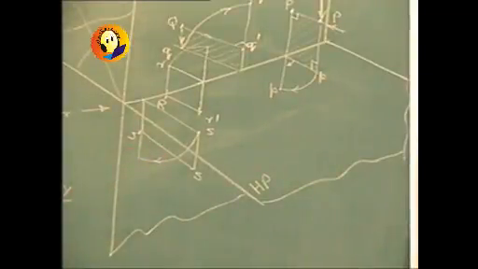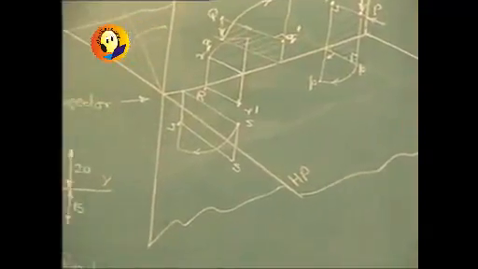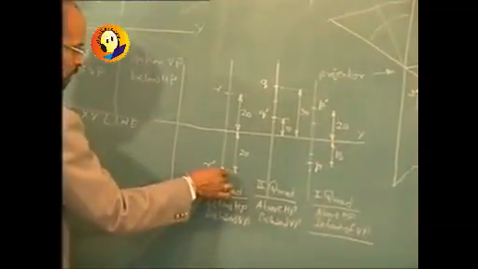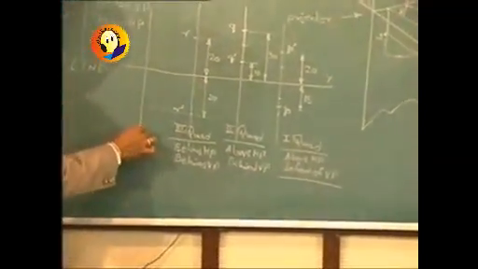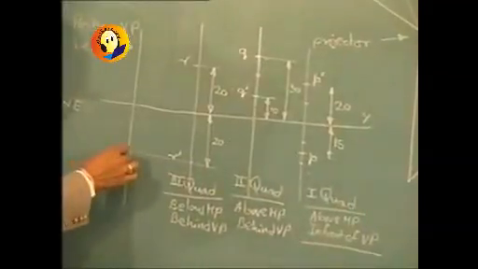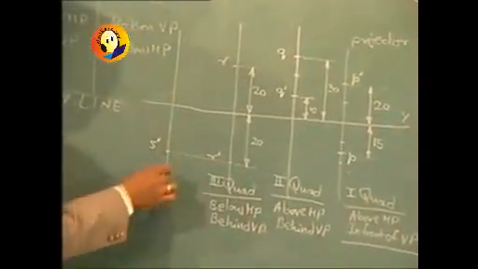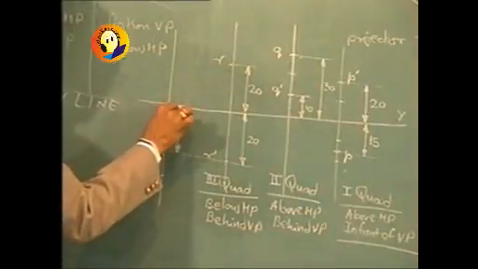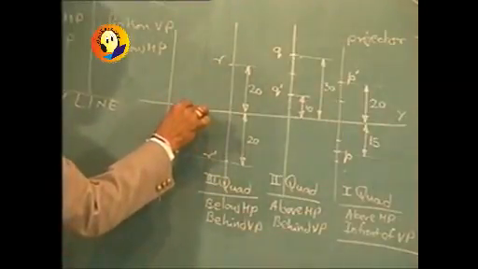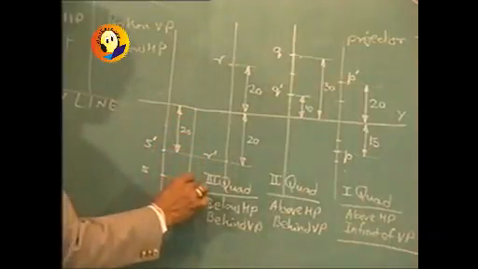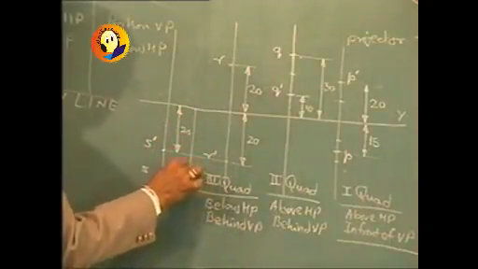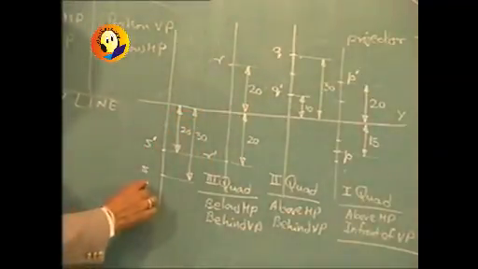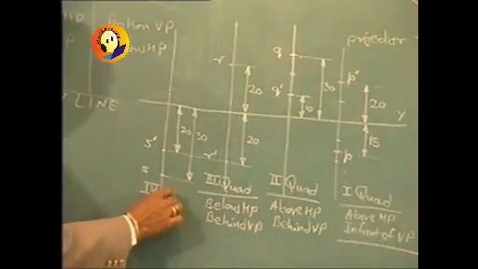And so the projections of point S will come out to be point S dash and point S. It is 20 below HP and 30 in front of VP, which is point S.